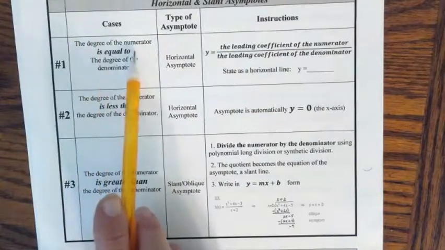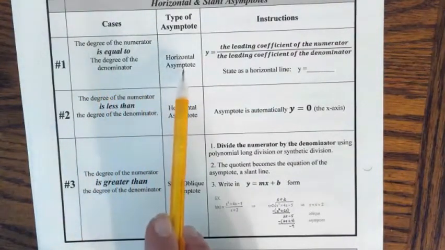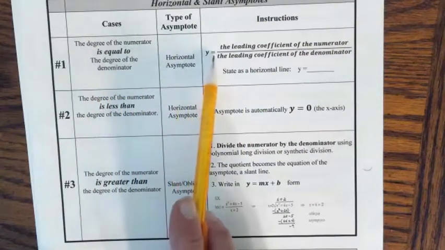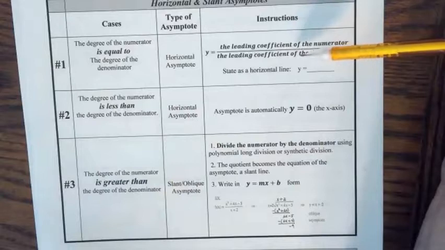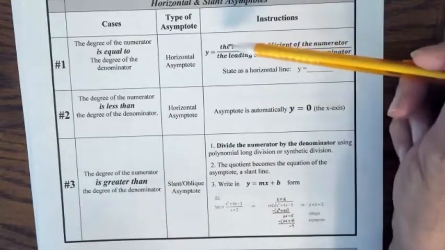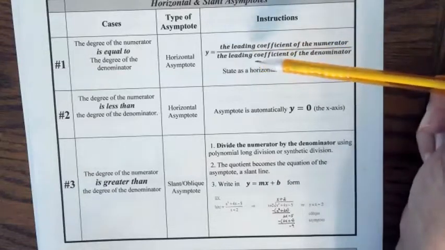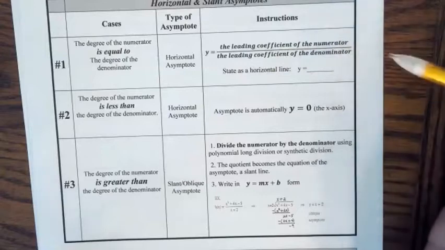So if the degree of the numerator is equal to the degree of the denominator, your horizontal asymptote will be y equals whatever the leading coefficient of the numerator is divided by the leading coefficient of the denominator. And we'll state that as y equals whatever that is, like 2 divided by 1 or 3 divided by 4, as a horizontal line, y equals 3/4 or y equals 3.